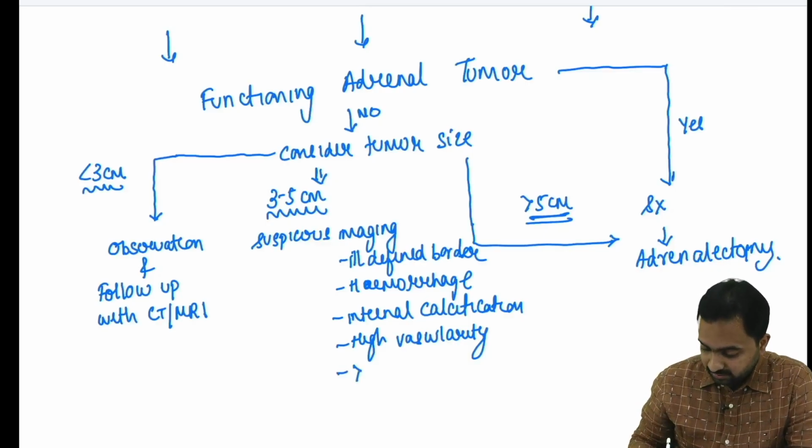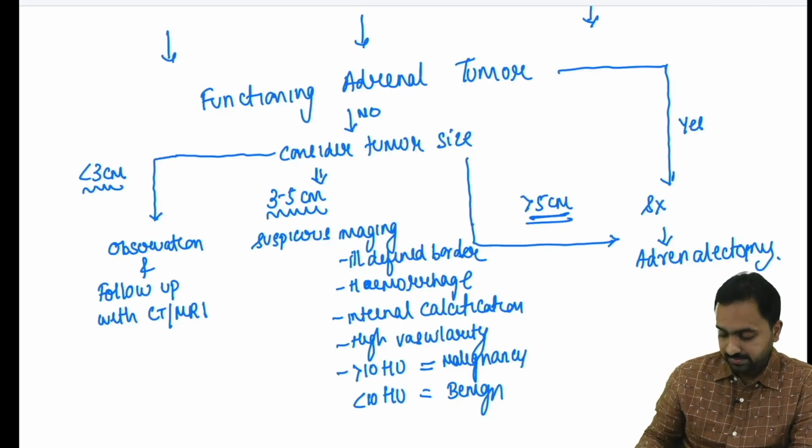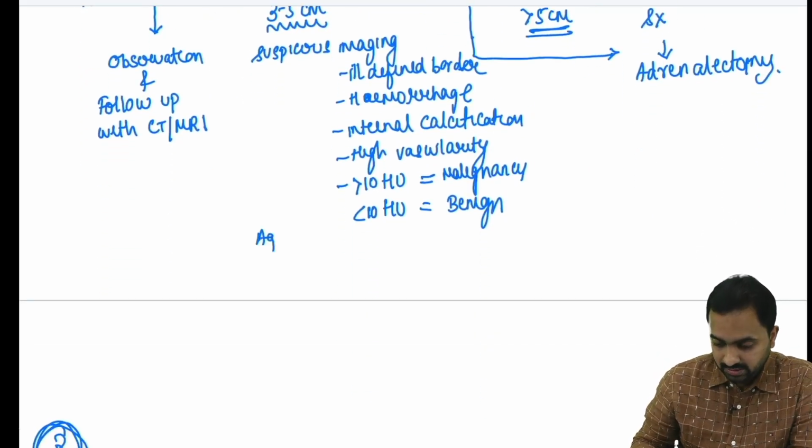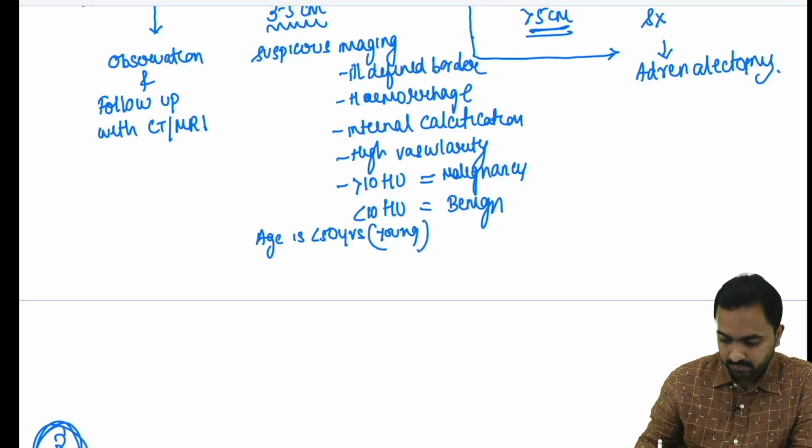If it is more than 10 Hounsfield units, it is suggestive of malignancy, and less than 10 Hounsfield units is more towards benign. Or if the age is less than 50 years or a young patient, right?